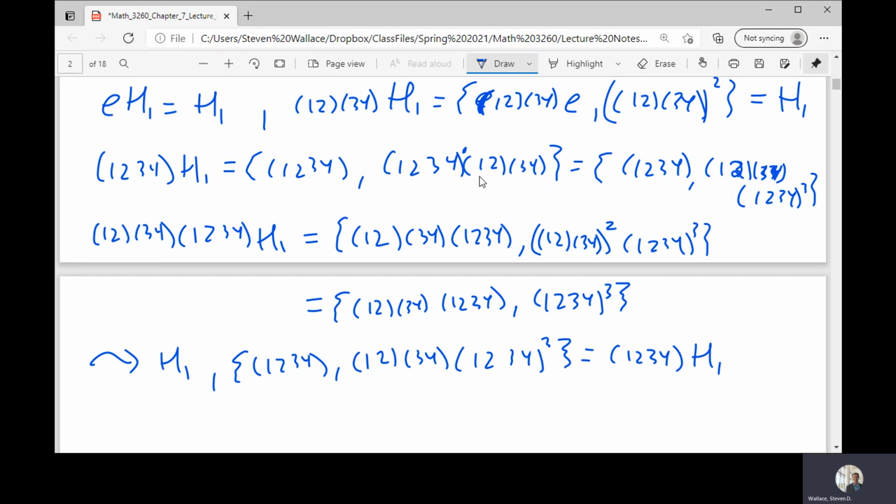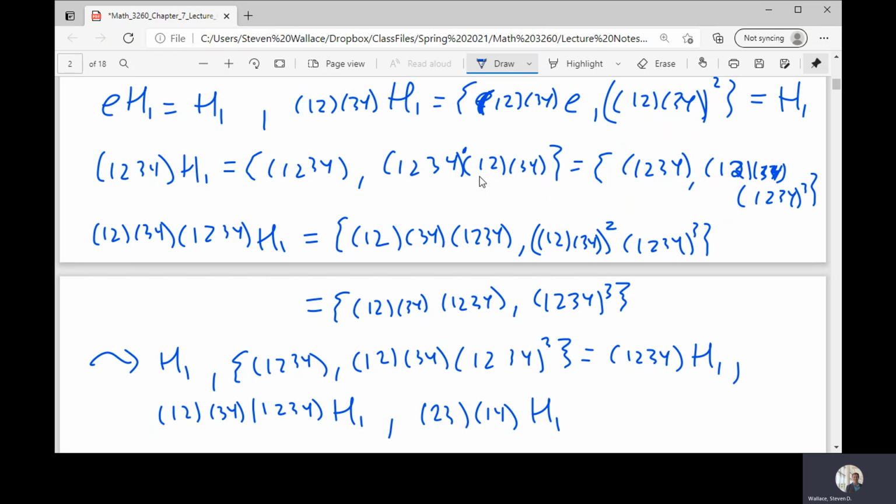This is the coset representative, represented by the reflection, right? 1, 2, 3, 4, or the rotation, I mean. Then I've got the other one here, which we saw was different. And there should be one more. So if I try, say, 2, 3, 1, 4, H1, that will give me a different answer.